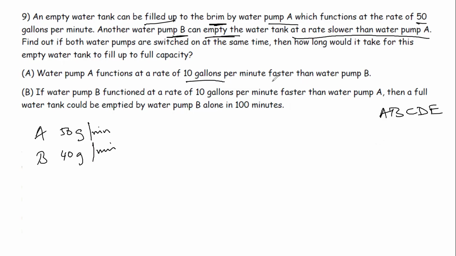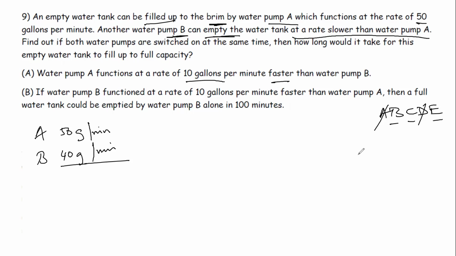If it's 10 gallons per minute faster, then B has to be 40 gallons per minute. Correct. So if they both are switched on, we have to find out how long it would take for this empty water tank to fill up to full capacity, and full capacity is what we don't know. If we knew the full capacity, then A would have answered. We don't know that from A. So A is out, D is out. We're left with B, C, or E.